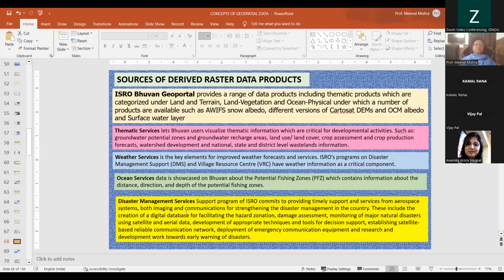And then they are also committed to provide disaster management services for major natural disasters. You can get data using satellite and aerial data, and in more detail it is given in your SLM, so you can go through your SLMs and read about all these services that are provided by this Bhuvan portal.